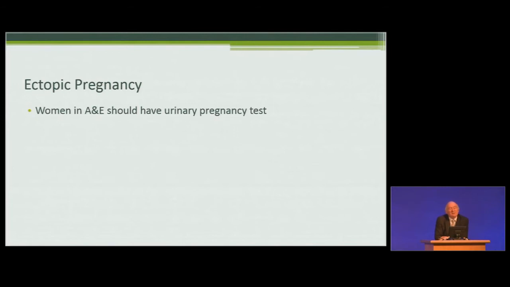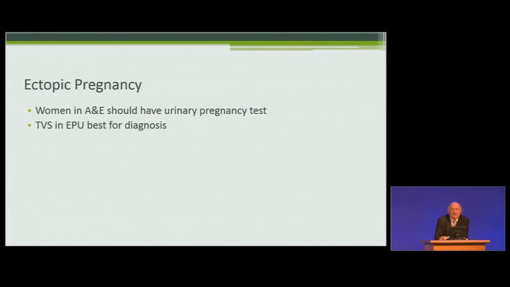Number one, as has been pointed out by the CMACE as well, is that women who present acutely, particularly with diarrhea, dizziness, vomiting, what's not expected at all to be anything to do with pregnancy, if that woman is of an age where she could be pregnant and she's presenting to an acute service, she should have a urinary pregnancy test done. This has been pointed out by the CMACE and is something that we should take on board.